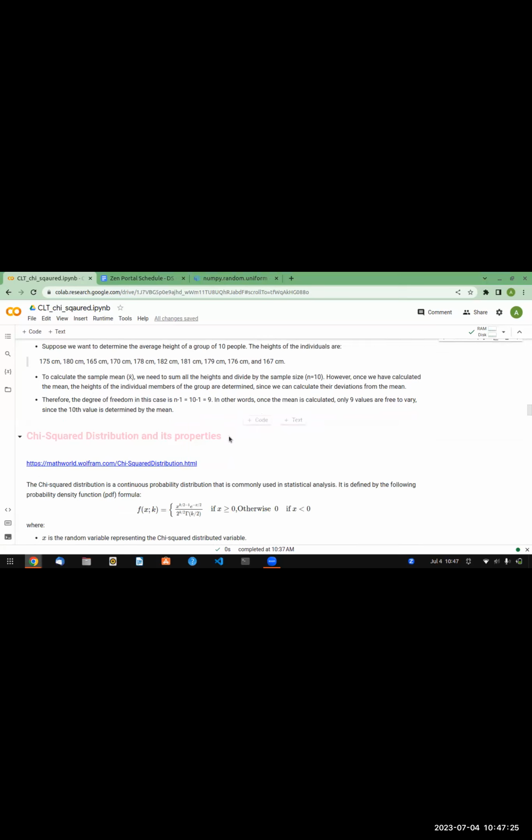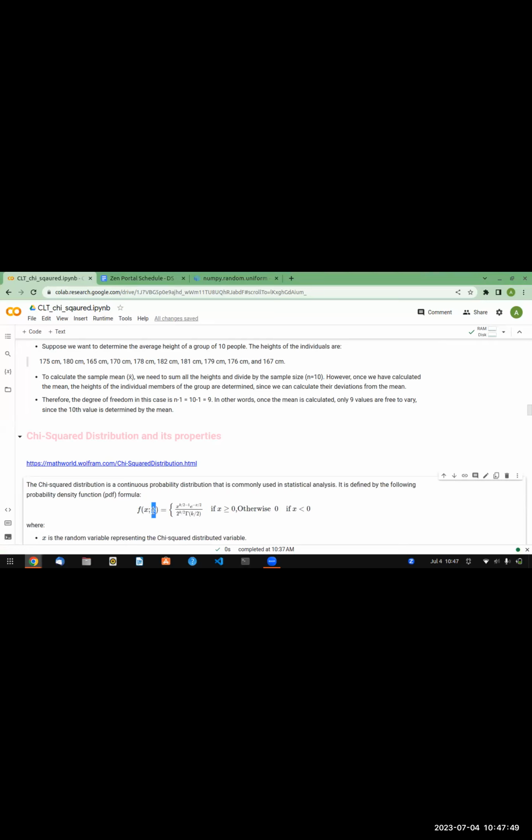Okay, so let's understand chi-square distribution and its properties. Similar kind of thing like we saw normal distribution, exponential distribution, like that, chi-square. But here chi-square is not a specific distribution. It depends on f of x, where x means the variable, and k is the degree of freedom.